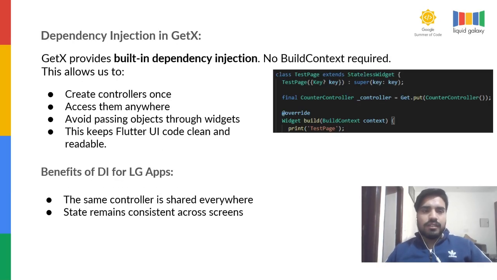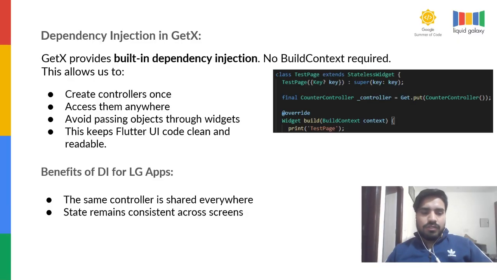Now let's understand what dependency injection is in GetX. GetX provides built-in dependency injection. Means as in Provider, you don't need to require the build context all the time. Means you don't need context. It is a context-free state management tool. With the help of this dependency injection, you can create a controller once and access it anywhere.